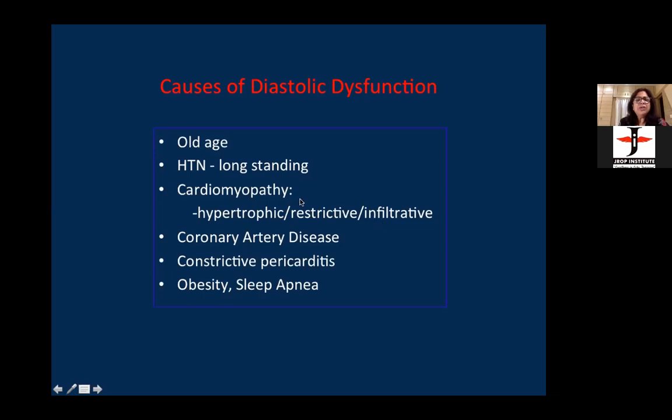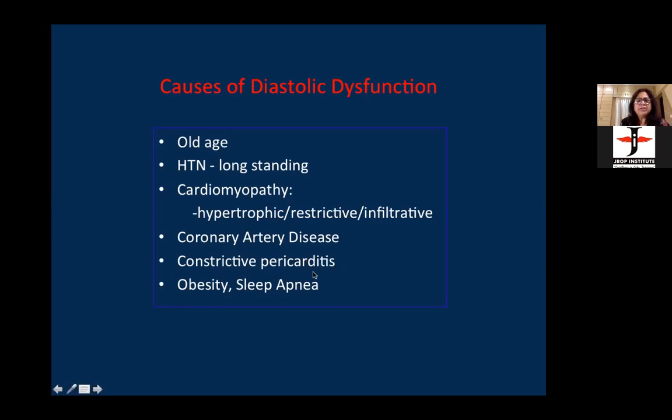Here, the myocardium cannot relax. Even in diabetic cardiomyopathy, the myocardium cannot relax. Similarly, coronary artery disease, where we get the ischemic myocardium or a scarred myocardium due to myocardial infarction. Those myocardium also cannot relax and we get the diastolic dysfunction.